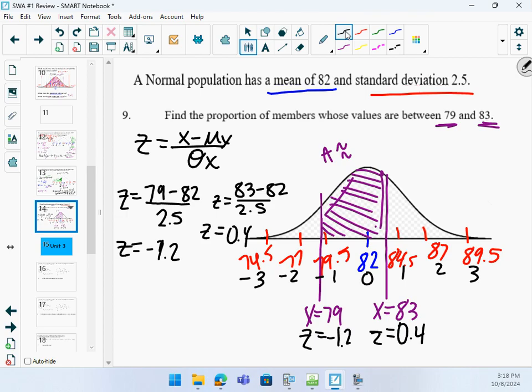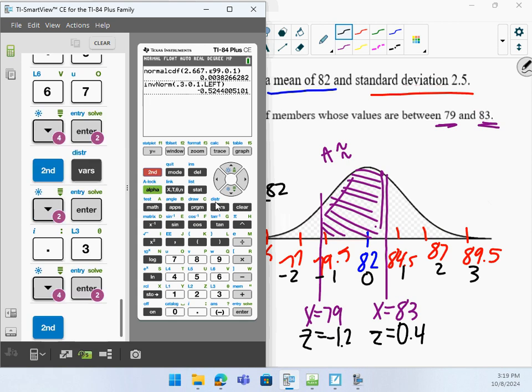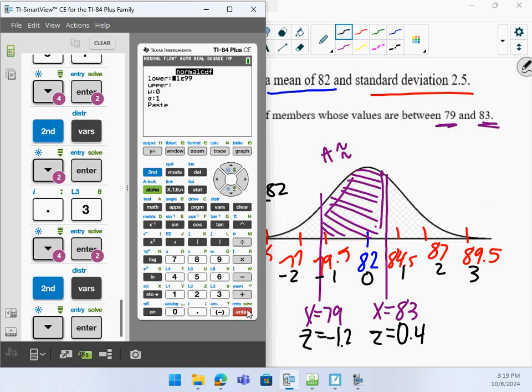And then in order to actually find the area, now you get to use your z-scores on your calculator. So if you went to your calculator, this time we would start by doing second vars, and then we would do normal CDF, because we're looking for an area.